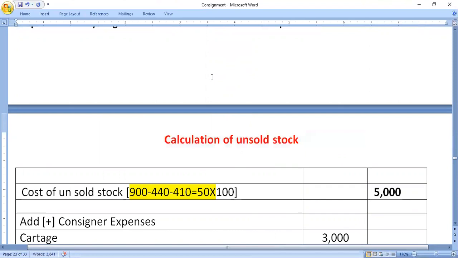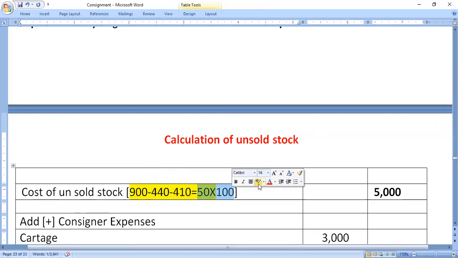Calculation of closing stock or unsold stock. Total articles 900, out of which 440 and 410 were sold by Ramesh. It means 850 sold, remaining 50 unsold.